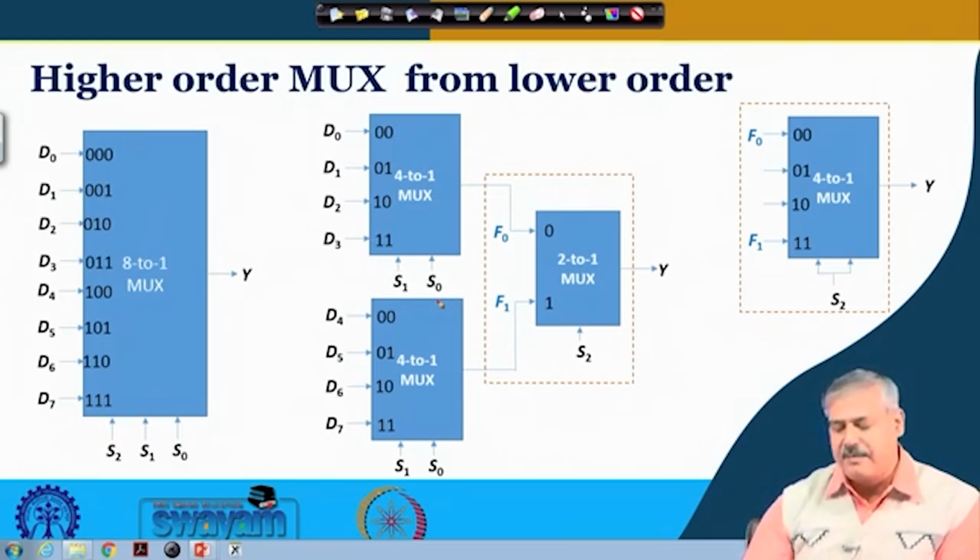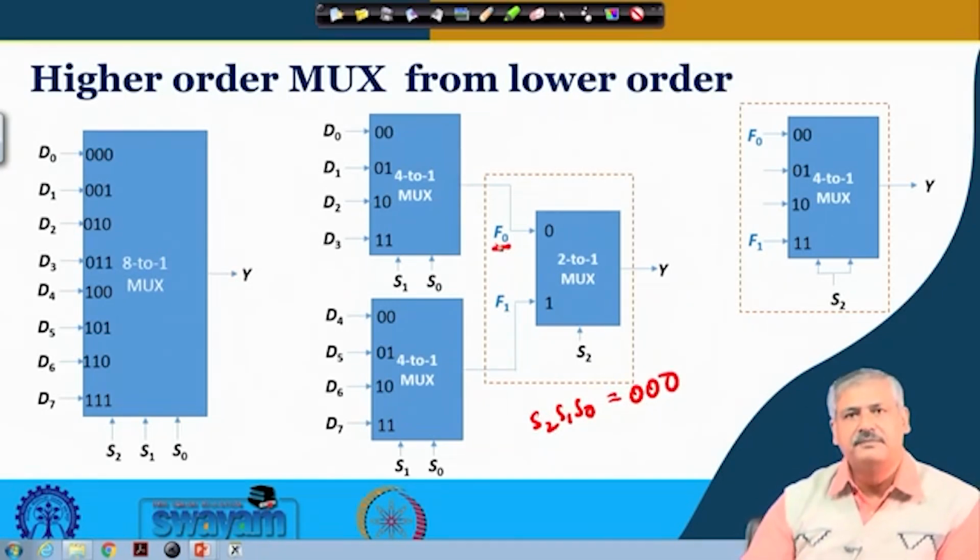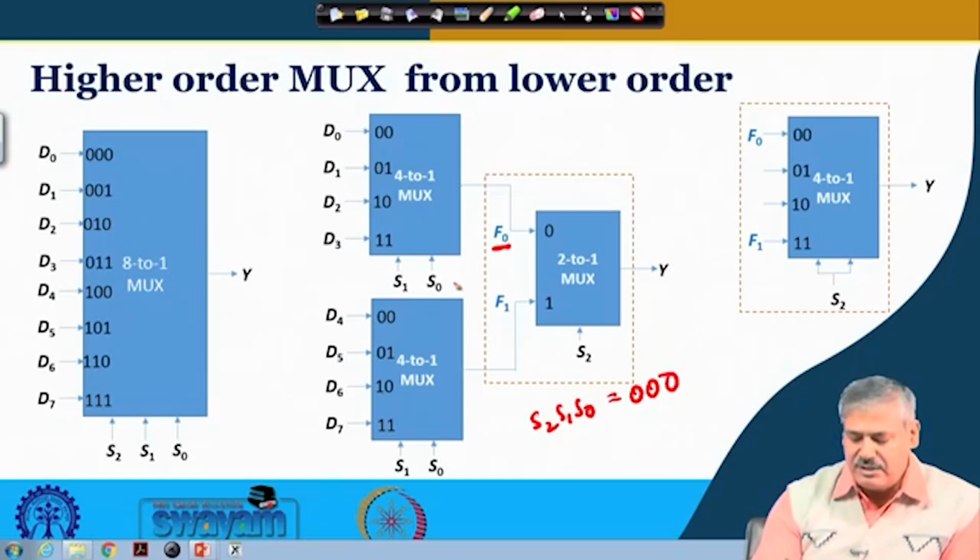Again we take the example of S2, S1, S0 as 0, 0, 0. S2 equal to 0 means F0 will be selected, and S1, S0 equal to 0, 0 means D0 will be selected. So this is the path that will be there.